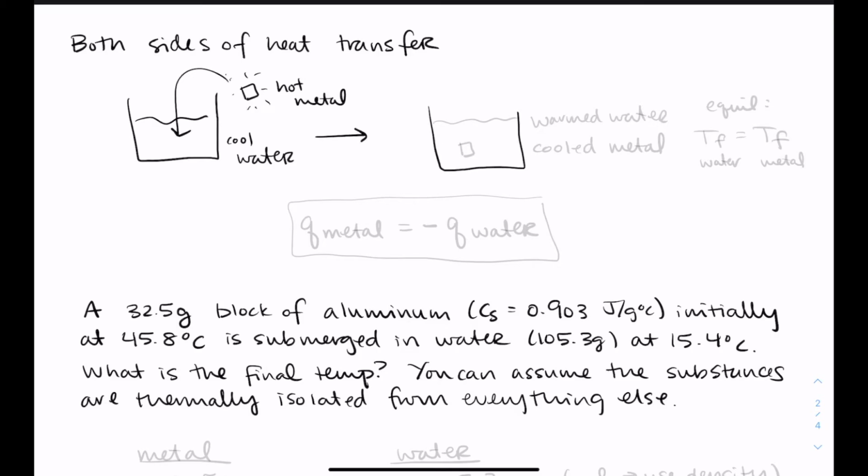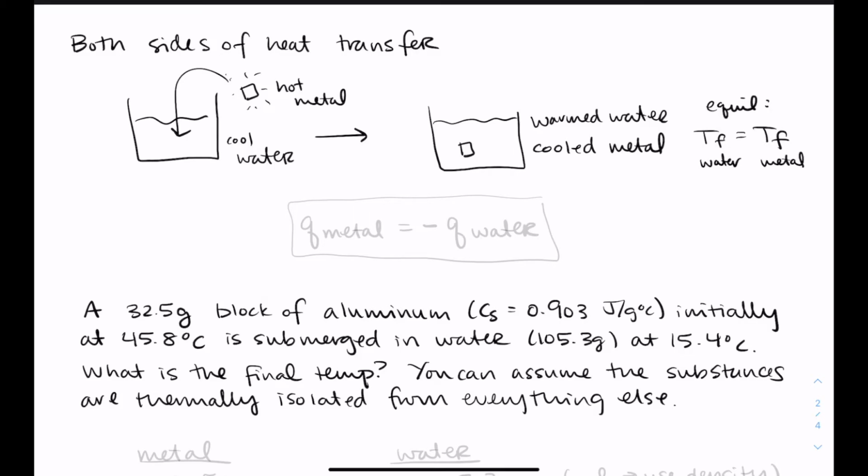So the final temperature of the metal and the final temperature of the water are the same. But in this case, if the metal is hot and the water is cool, the water temperature is higher than what it started, the metal temperature is cooler than when it started. That thermal energy was transferred from the metal to the water.